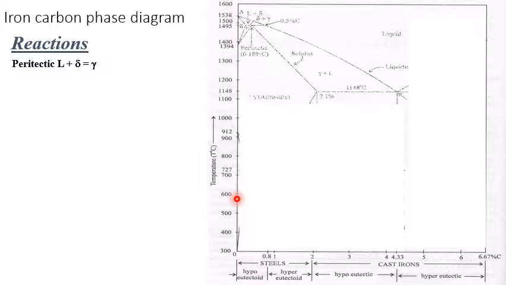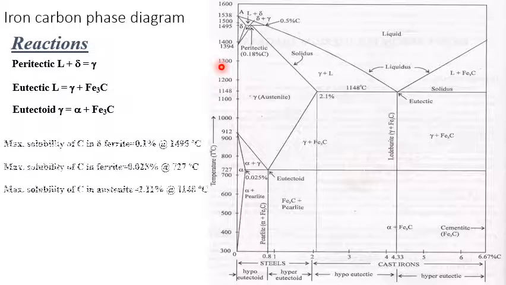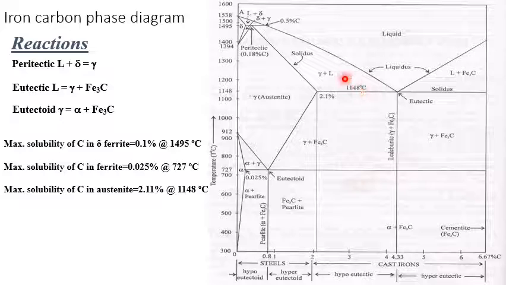And once we look into the reactions, the first one which we have seen, peritectic, where liquid plus delta ferrite will give rise to gamma. And this is how exactly it is going to appear. And the eutectic is where the liquid will give rise to gamma plus Fe3C. And in the eutectoid, gamma will dissociate into alpha plus Fe3C.